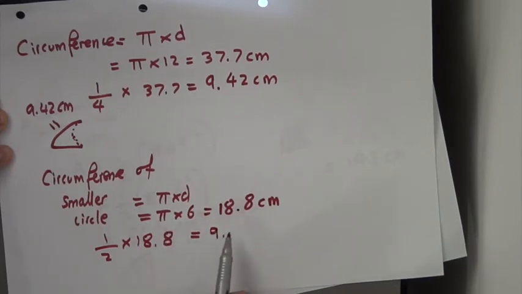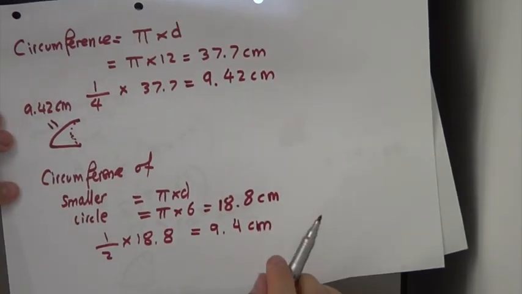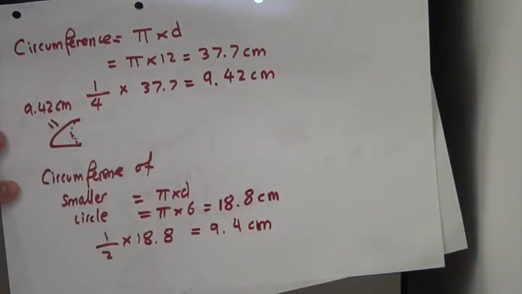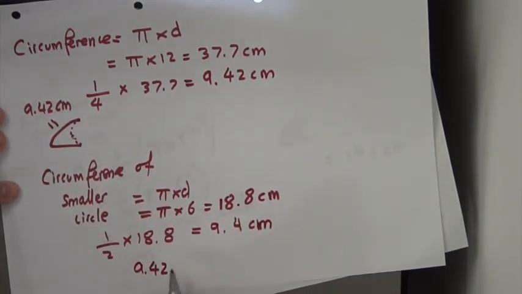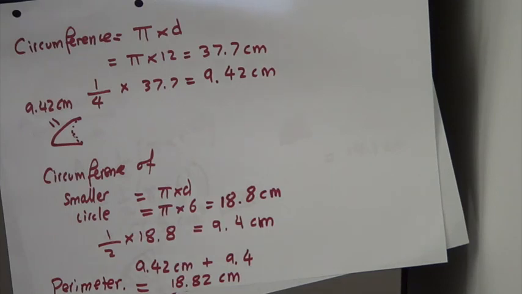This equals 9.4 centimeters. Now I'm just going to add 9.4 to my 9.42. So 9.42 centimeters plus 9.4 gives me 18.82 centimeters as the perimeter. Okay, so that's some practice of using the formula pi r squared and pi times d.